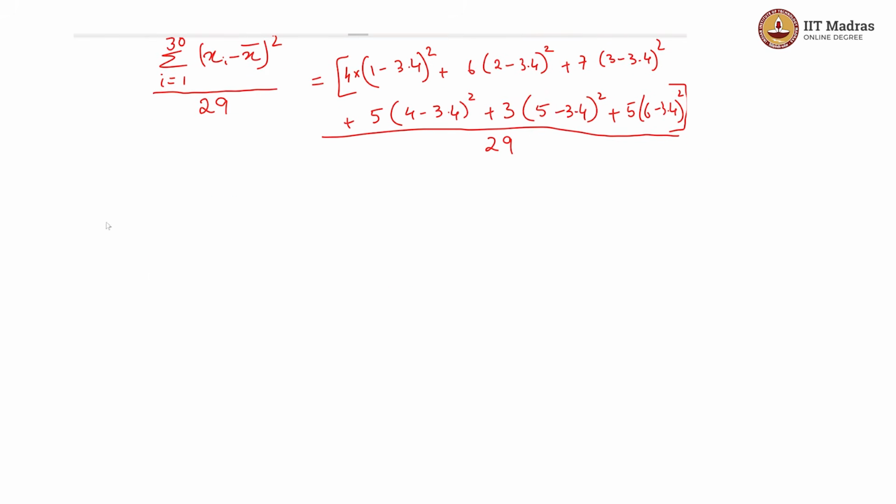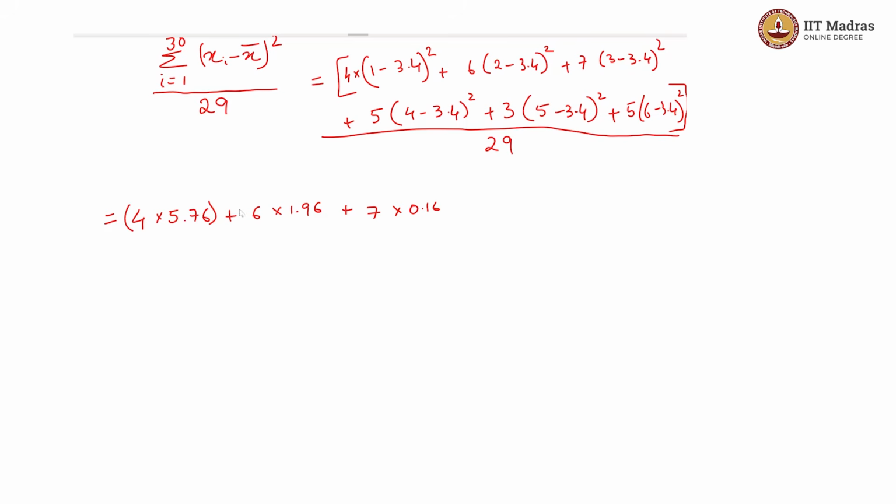So let's calculate that. We get 4 times 2.4 whole square is 5.76, plus 6 times 1.4 whole square is 1.96, plus 7 times 0.4 whole square is 0.16.